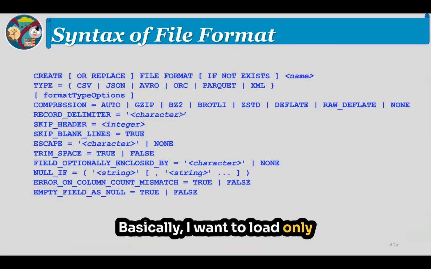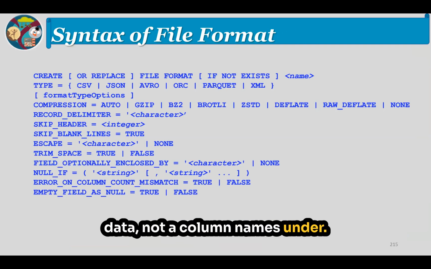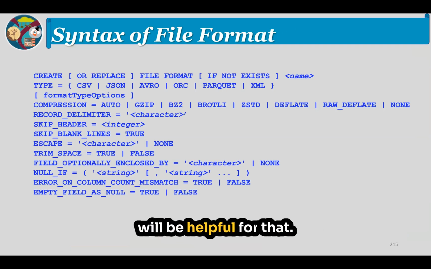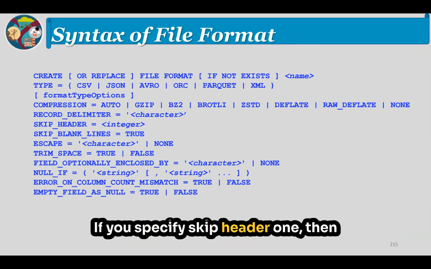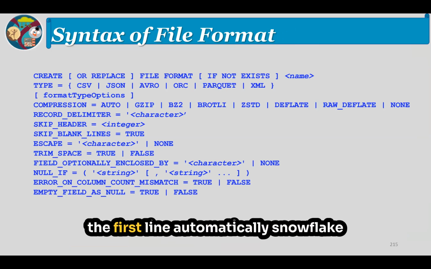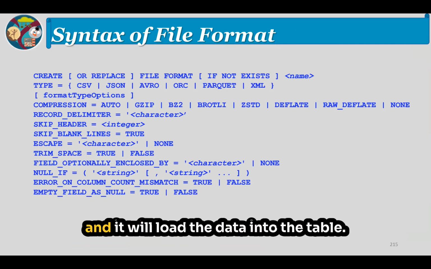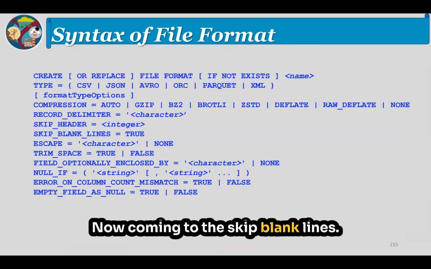I want to load only data, not column names. So the skip header parameter helps. If you specify skip header 1, Snowflake will automatically ignore the first line and take from the second line onwards.